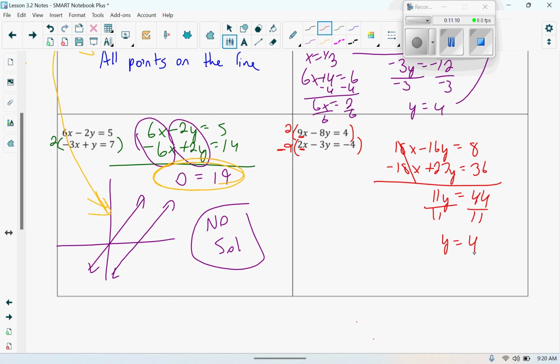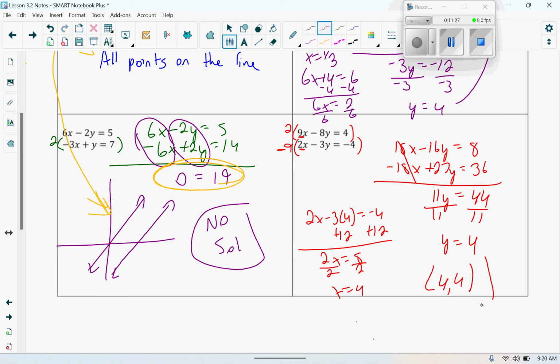And then I'm just going to plug it in. I'll plug it into that bottom one. Okay, so we end up with 4 comma 4 for our answer. And that's it.